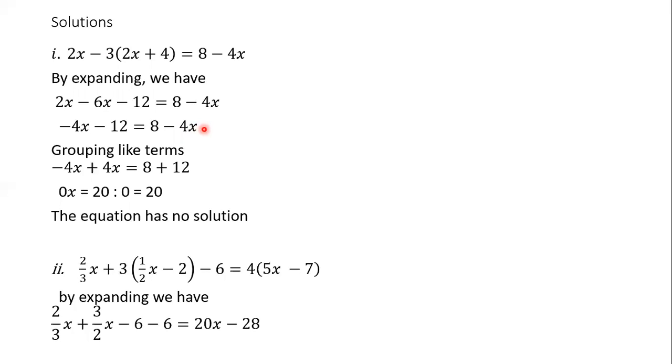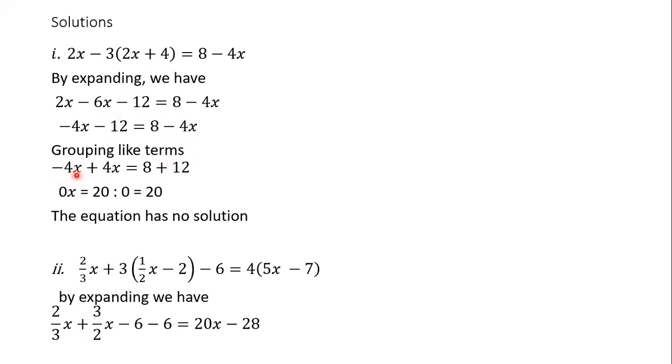So we can now group like terms, sending x to one side and the constant to the other side. By sending minus 4x to the left side and minus 12 to the right side, we have minus 4x plus 4x equal to 8 plus 12.